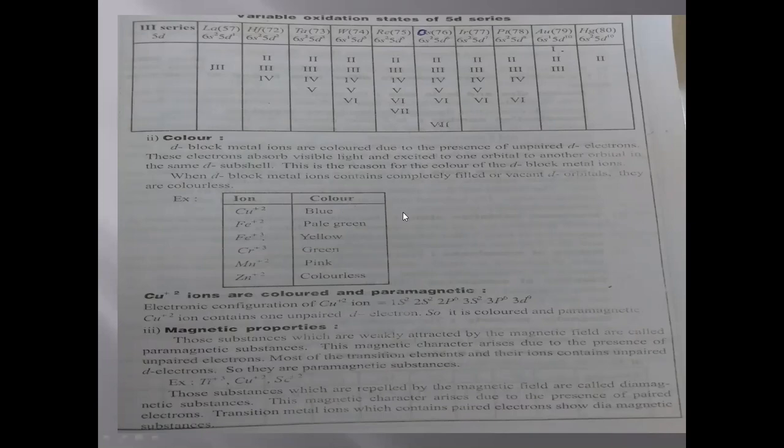When copper is in plus 2 state, it can exhibit blue color. See, we have a table. In this table, I am showing you the metal and its oxidation state at the right upper side, at this position.